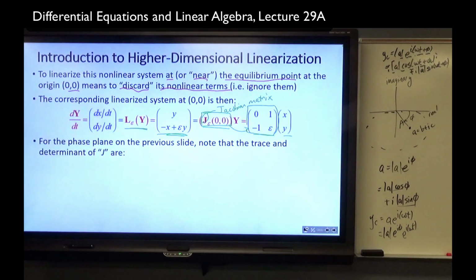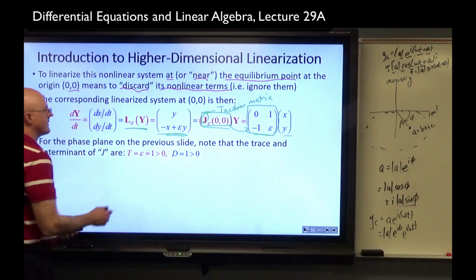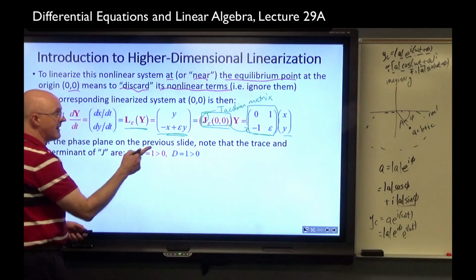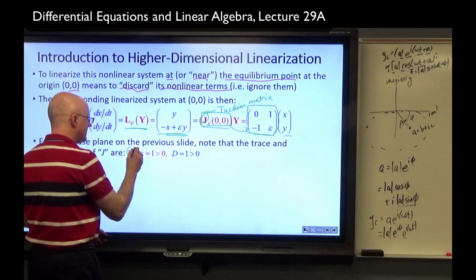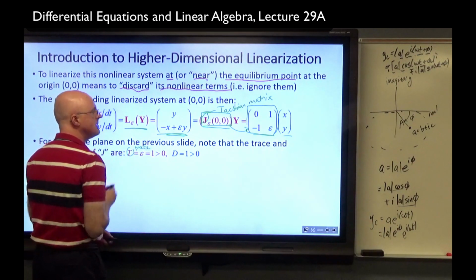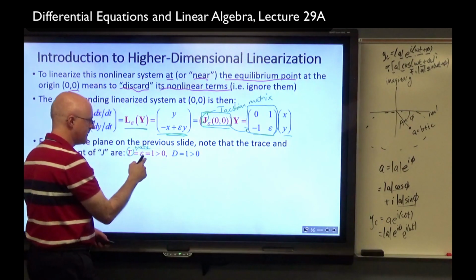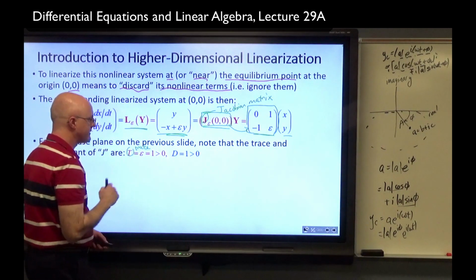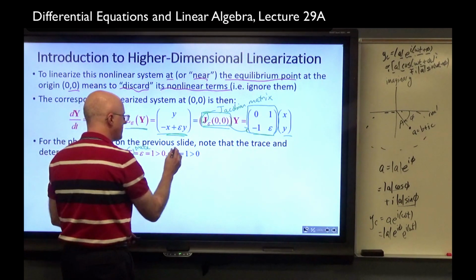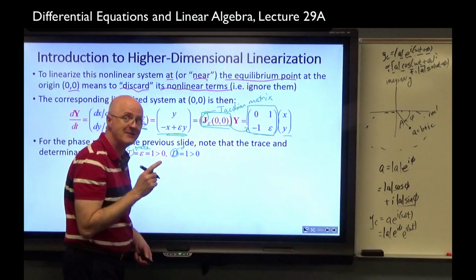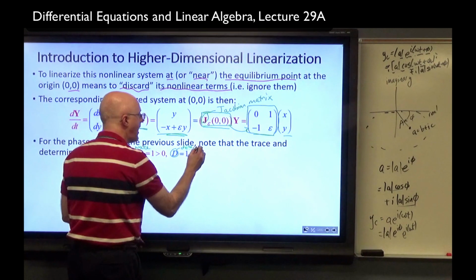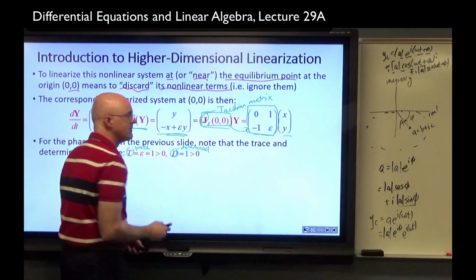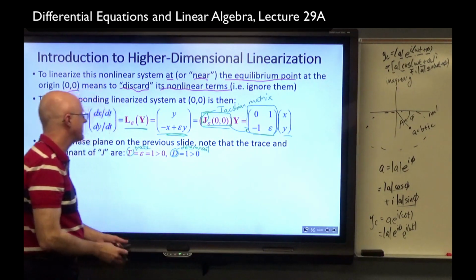For the phase plane in the previous slide, when epsilon is 1, the trace of this matrix, T is the trace, 0 plus epsilon is epsilon, which I'm taking to be 1, it's positive, and D is the determinant. I'm thinking about the trace-determinant plane here. I'm wondering how to classify the origin for this nonlinear system based on the trace-determinant plane.